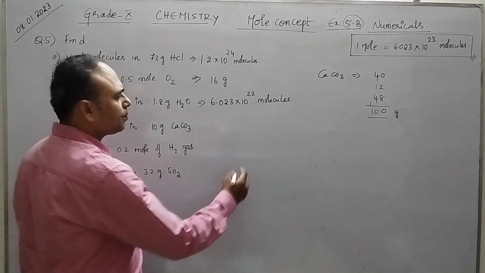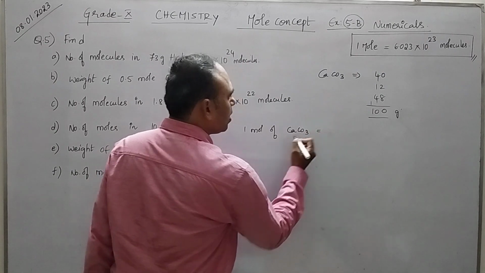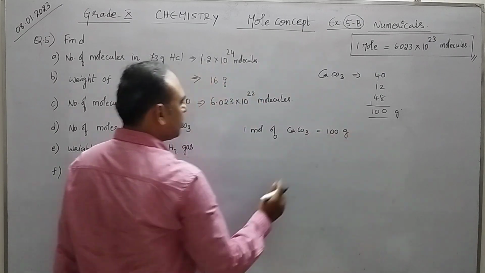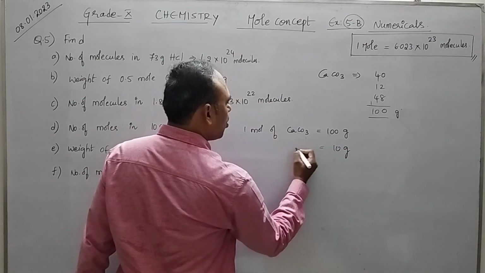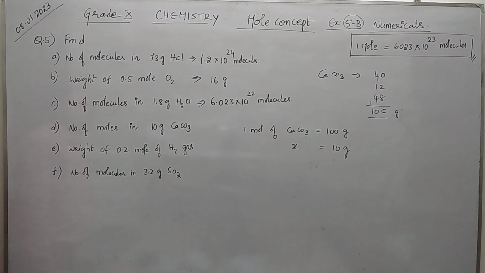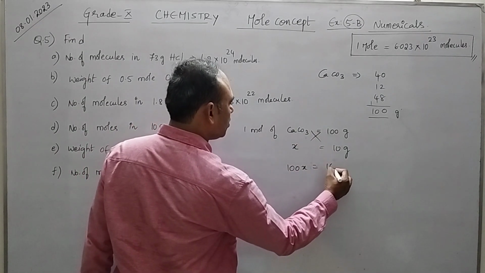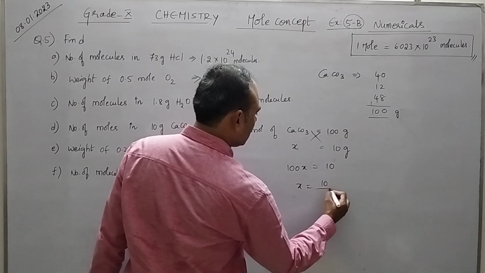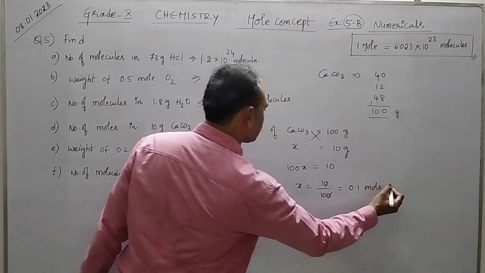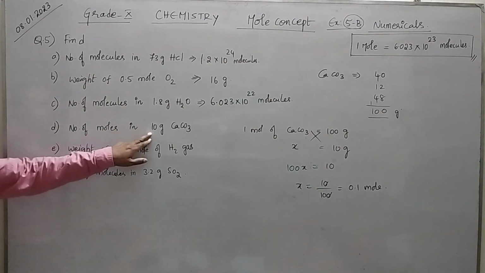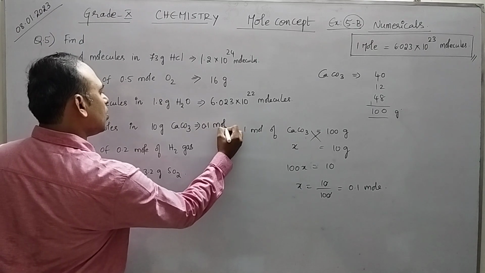So we can write like this. 1 mole of calcium carbonate, the weight is 100 grams. Now they are asking for 10 grams, how many moles do you get? Take it as x, cross multiply. 100x is equal to 10, x is equal to 10 by 100. So we can take 0.1 mole. Hope you have understood this. 100 grams is 1 mole, 10 grams will be 0.1 mole.